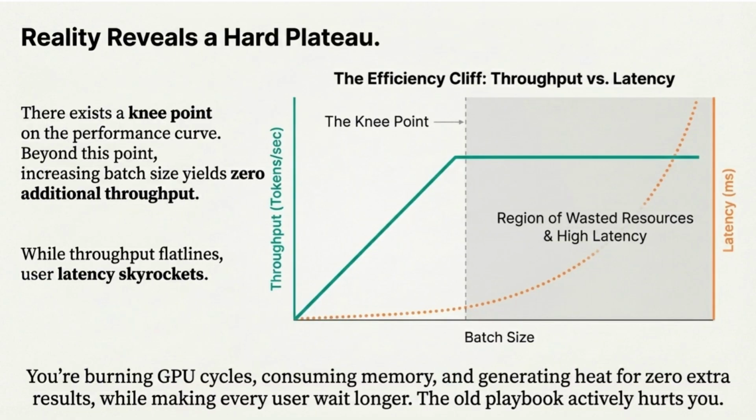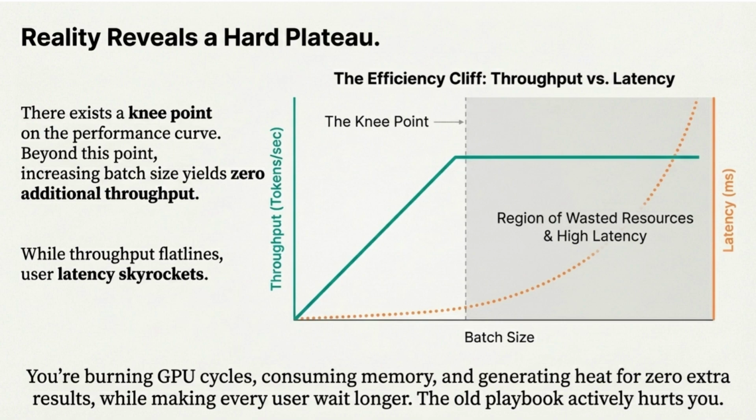So look at this chart. This is very important. On the left, we have throughput, tokens per second. On the bottom, batch size. On the right, latency, how long users wait. Now see what happens when you increase batch size. Batch 1, 2, 4, 8.